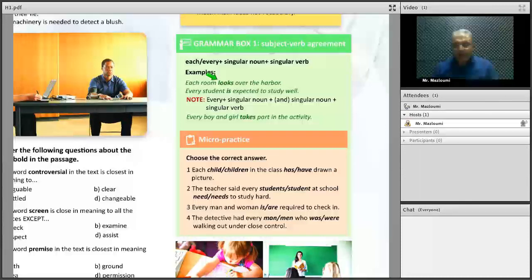Harbor is an area of water next to the land. Every student is expected to study well. You see, every student. Student is a singular countable noun. The verb is expected, as you can see, is singular here.